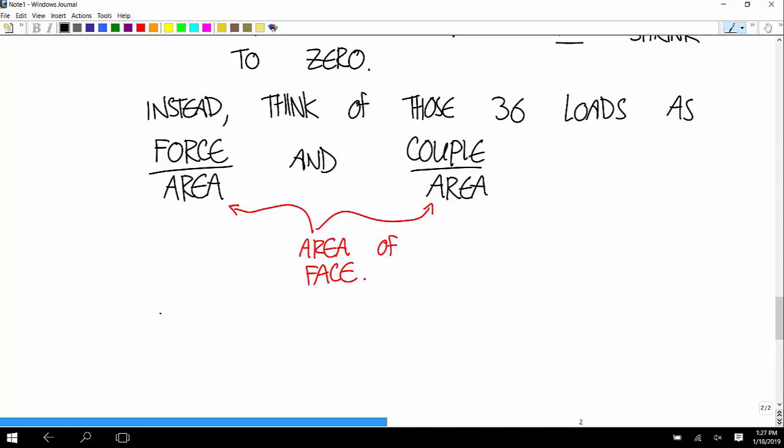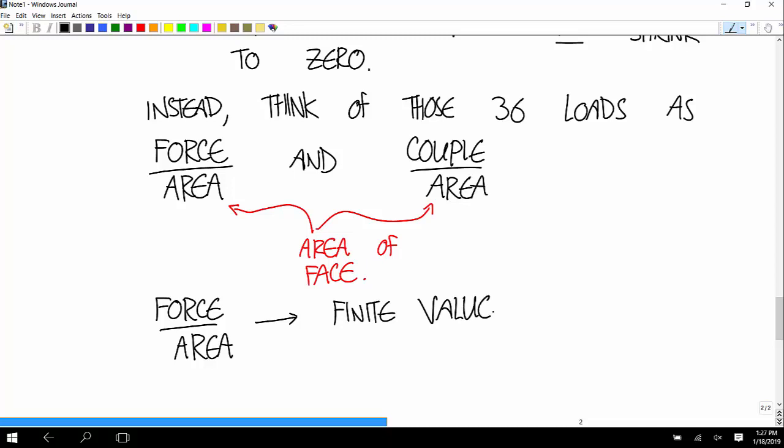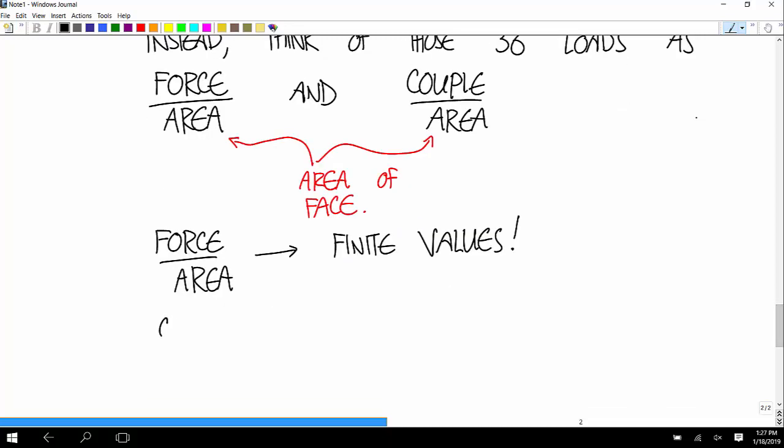Force per area approaches finite values. Couple per area still goes to zero. So we're just going to ignore these.